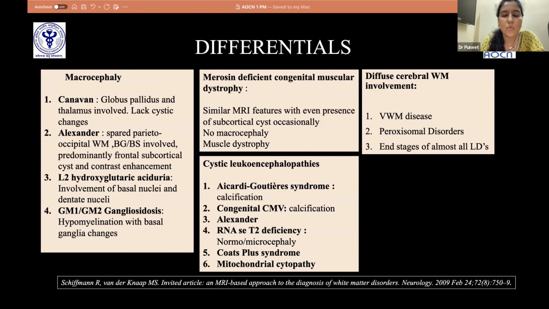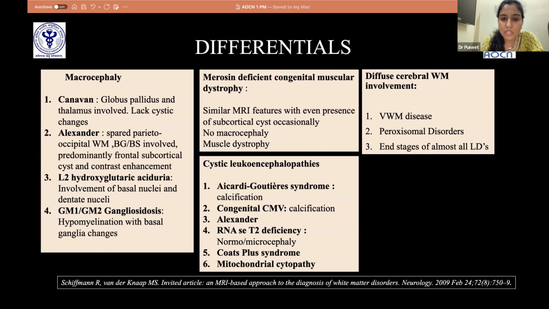But in that case, the only way to differentiate is the absence of macrocephaly and the signs of muscular dystrophy. Cystic leukoencephalopathy in the form of Aicardi-Goutieres syndrome and congenital CMV, both of them can also present with bilaterally symmetrical anterior temporal lobe cysts, but in these cases, calcifications usually set in.